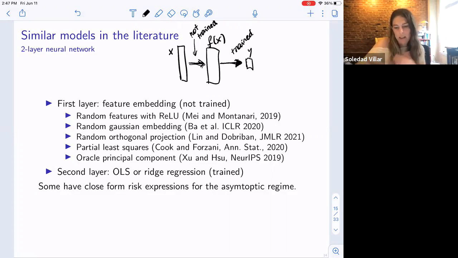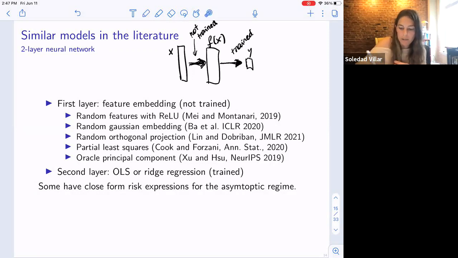Another model that does something similar, where this layer is a random Gaussian embedding, is a paper by Bahri and collaborators at ICLR 2020. Also random orthogonal projections, and this paper is very nice.